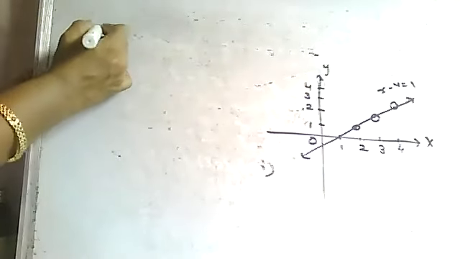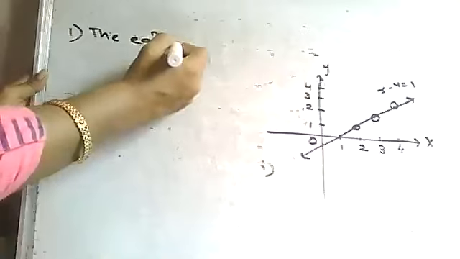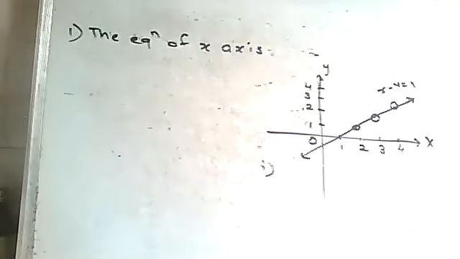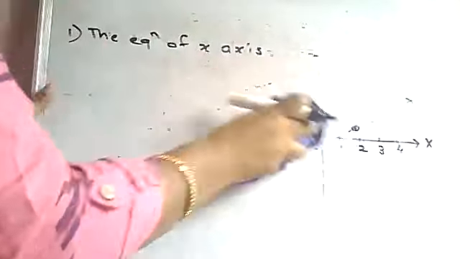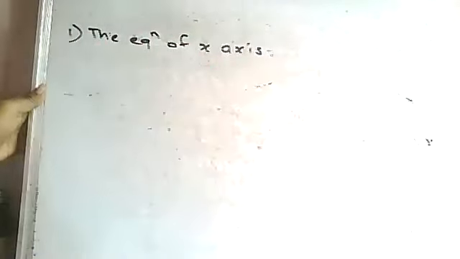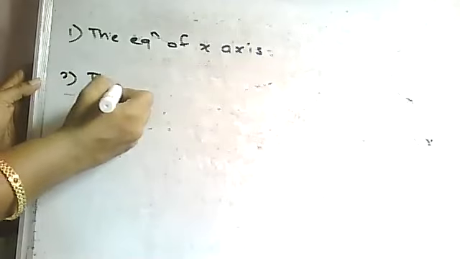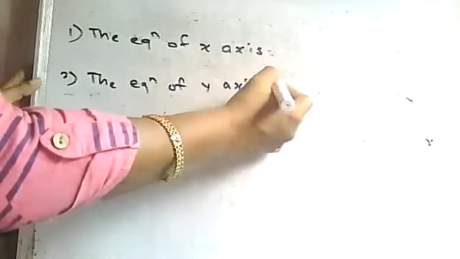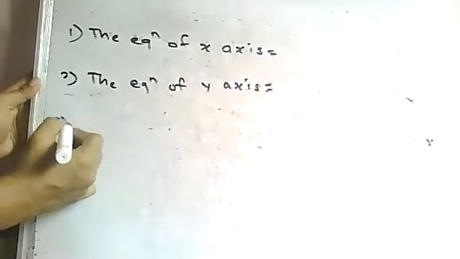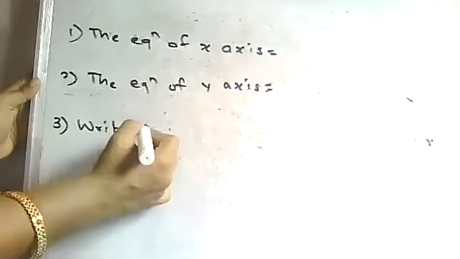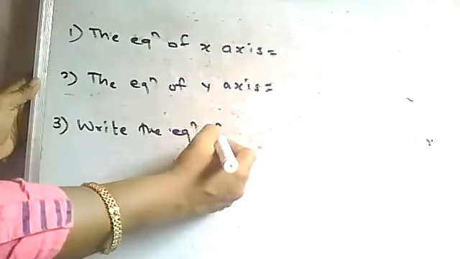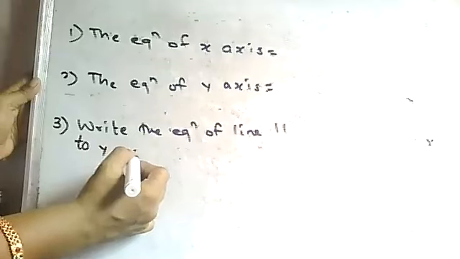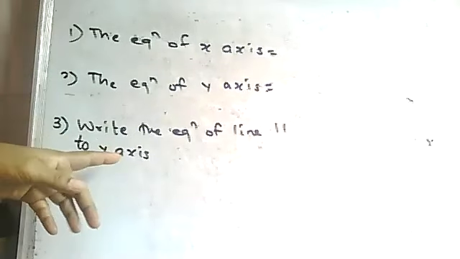What is the equation of x-axis? Now, some graph related sums. Second, what is the equation of y-axis? Then write the equation of line parallel to y-axis and passing through 3, 4. This is just for your revision. It was there in 9th and 10th.